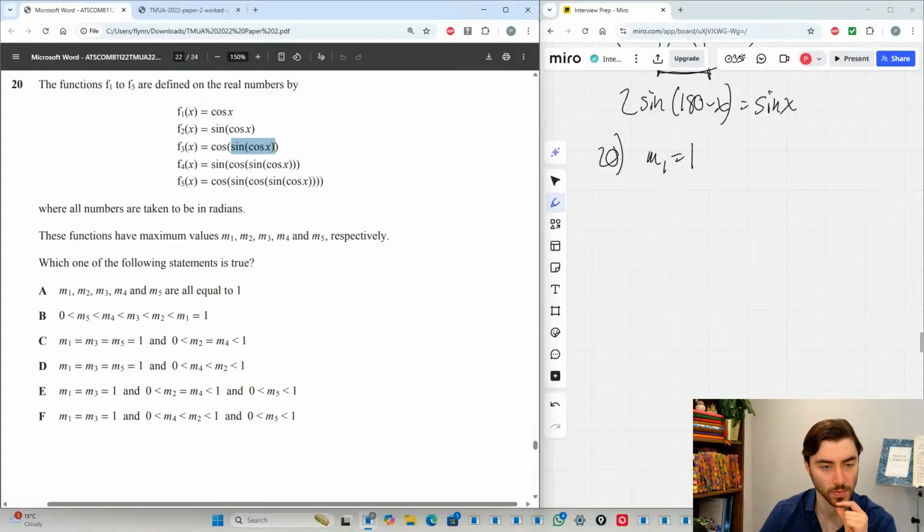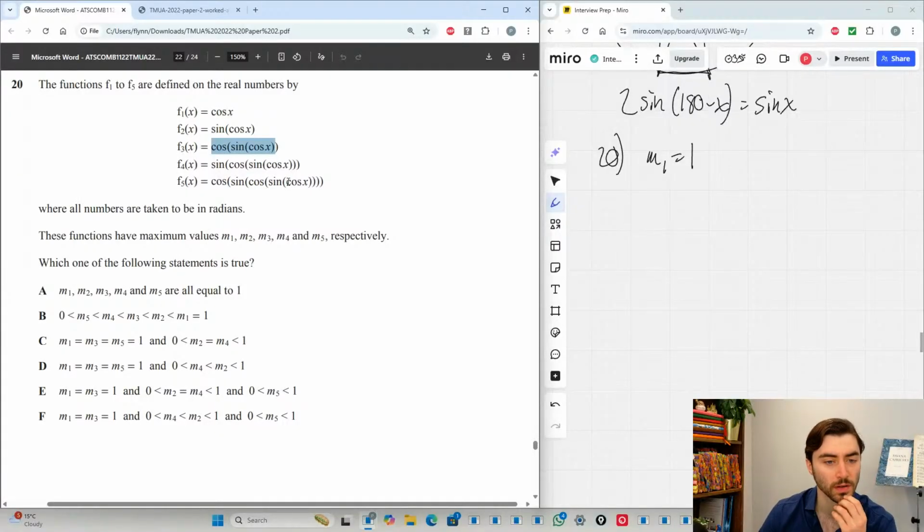Cos of 0 equals 1. When can sine, this spits out 0 when cos x is 0. So if x is equal to pi over 4, or pi over 2 even, this is 0, sine of 0 is 0, cos of 1 is, yeah. So certainly true. And then same thing here, I think.